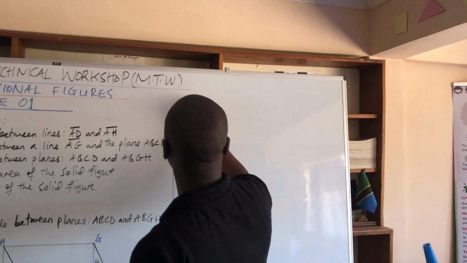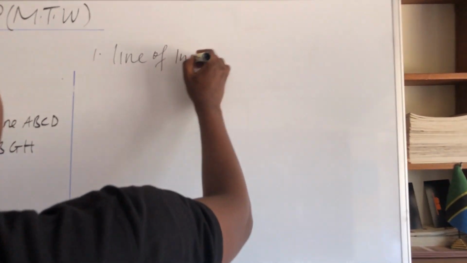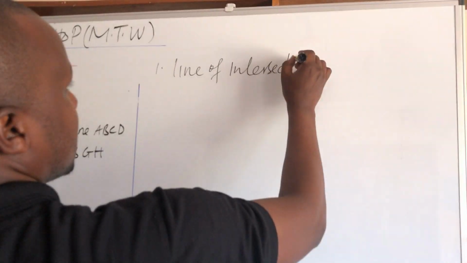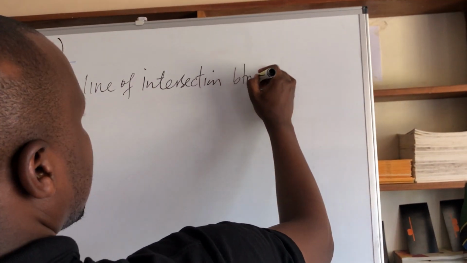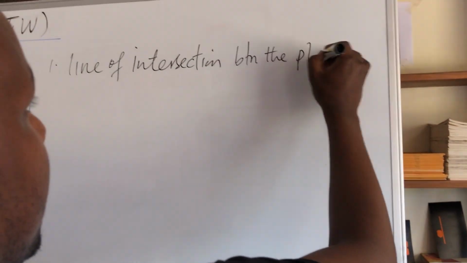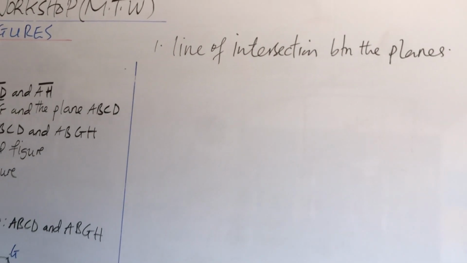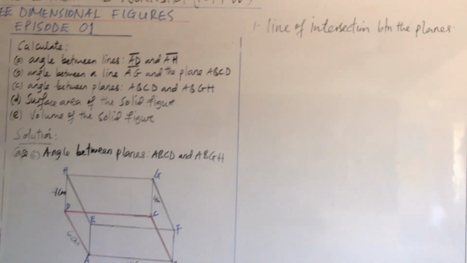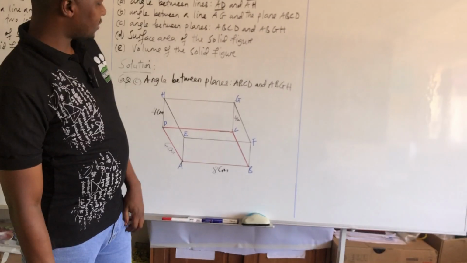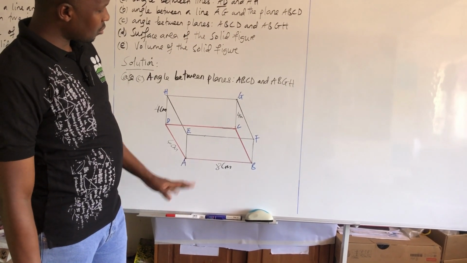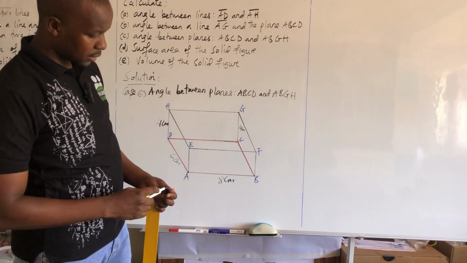Solving strategy number 1: line of intersection between the planes. Before going directly to the line of intersection, you can observe your figure and note the planes, and even see it by observing the figure without having used the technique of finding that line of intersection.